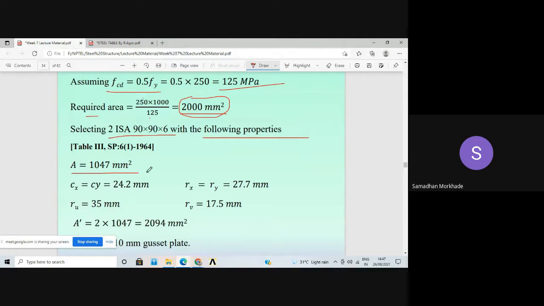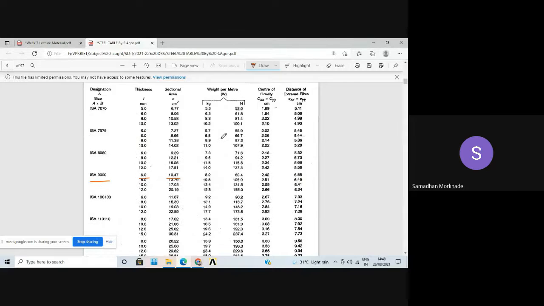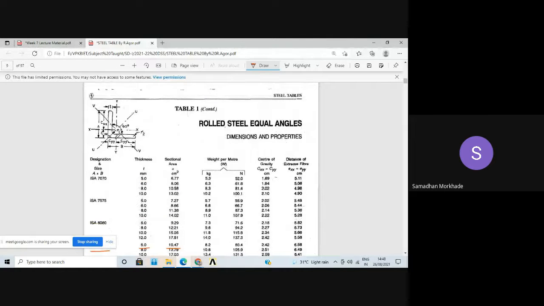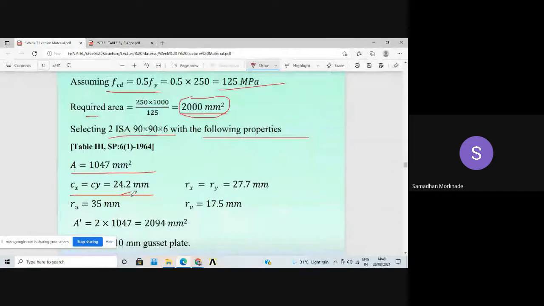Area for a single angle is 1047 mm square. CXX is equal to CYY. It is an equal angle section, so its centroidal distance is the same. This is CYY, this is CXX, this is the distance. For 90 by 90 by 6 it is 2.42, means 24.2 mm.